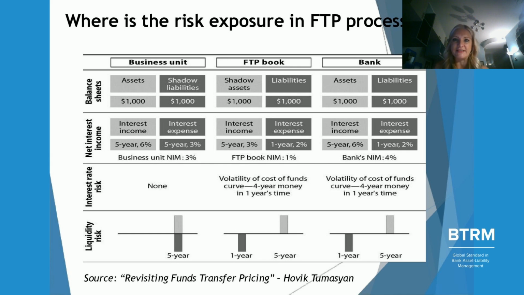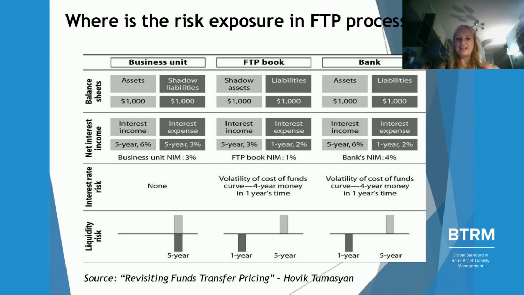So where is this additional 1%? If you thought at the beginning that this 4% is fully generated by the asset, it's not the case. We have 3% generated by the asset, and the rest is actually generated by Treasury, or by the FTP book. Here we are calling it the FTP book because we are running risks.